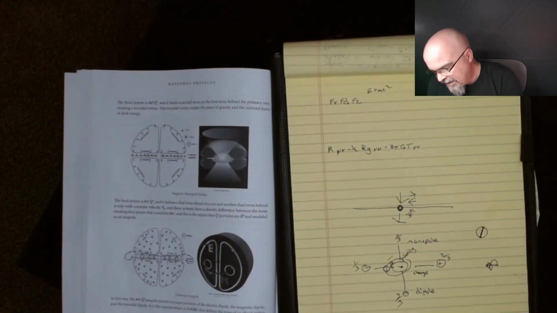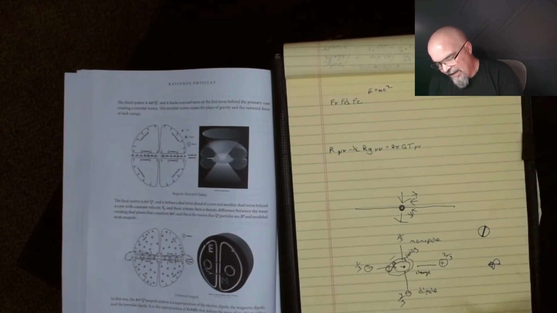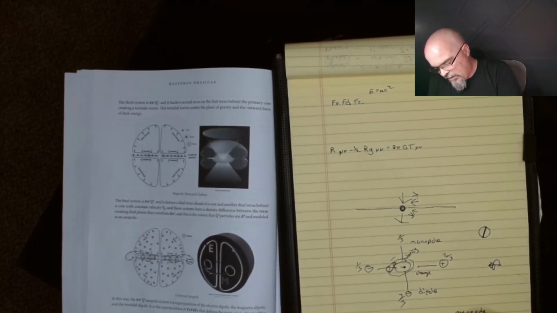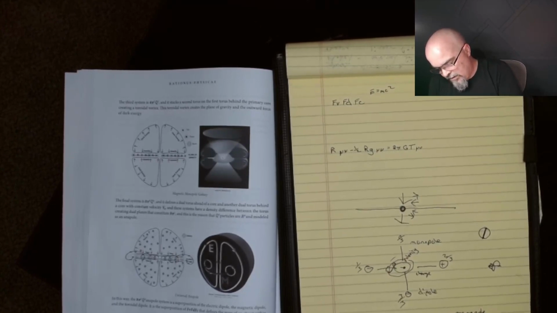So how does this output? Well, the output is Maxwell's equations, and there are 4 of Maxwell's equations: charge monopole, magnetic monopole, charge dipole, and magnetic dipole.